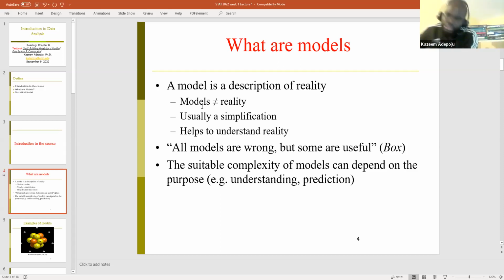The state of the model and the state of the data set must match. They have to be the same. In a situation where they match, it means you are actually using an appropriate model.